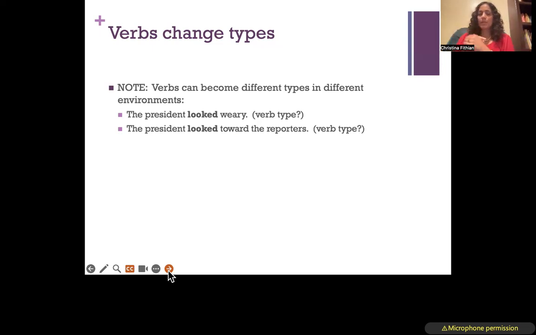Toward the reporters. Look in this context is actually functioning as a VI, because we can just say the president looked. Where did he look? Toward the reporters. Now toward the reporters is a prepositional phrase functioning as an adverb of direction.